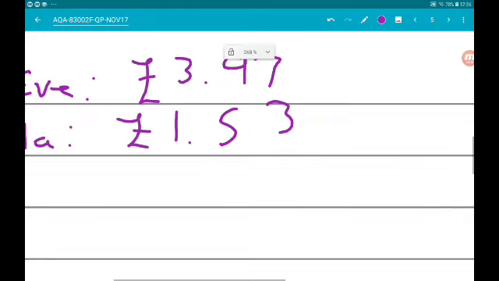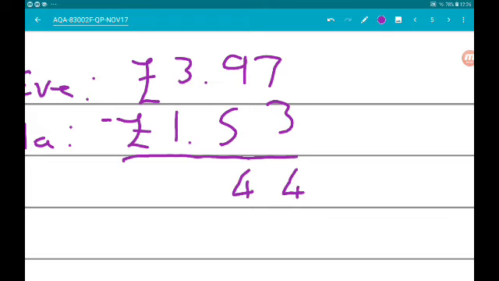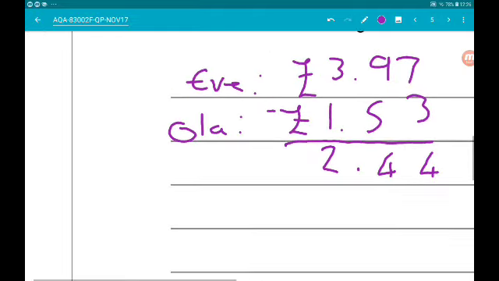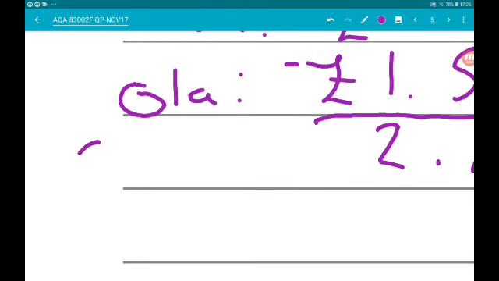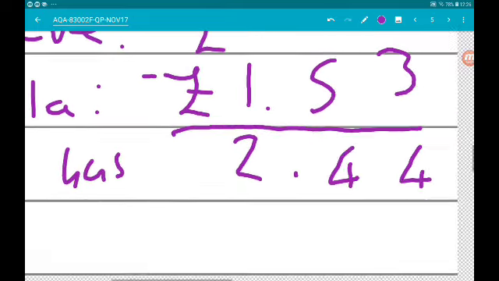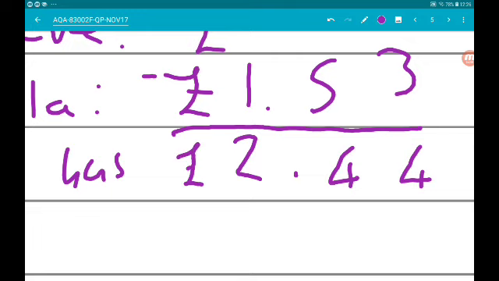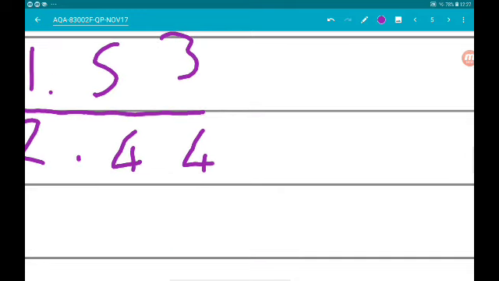So, 7 take 3 is 4, 9 take 5 is 4, 3 take 1 is 2. So Eve has £2.44 more.